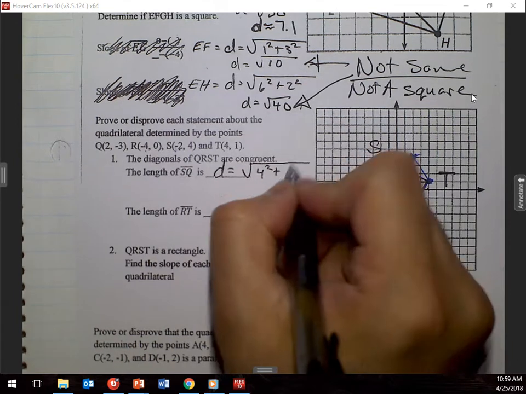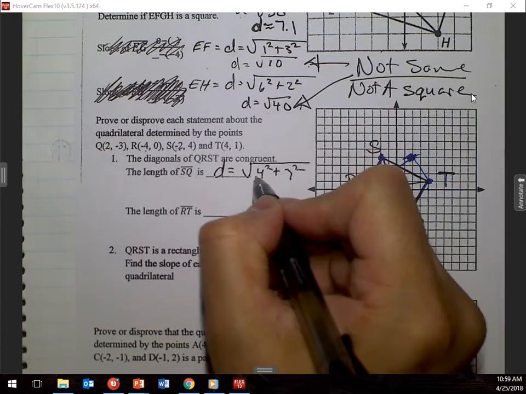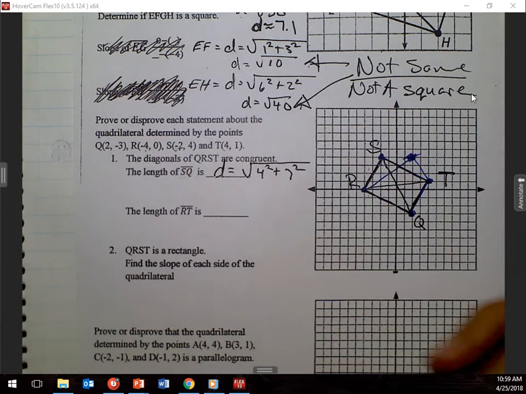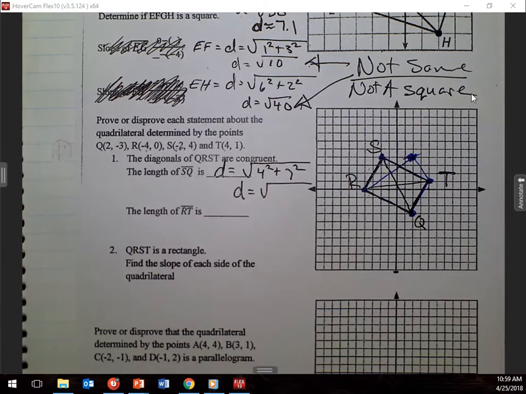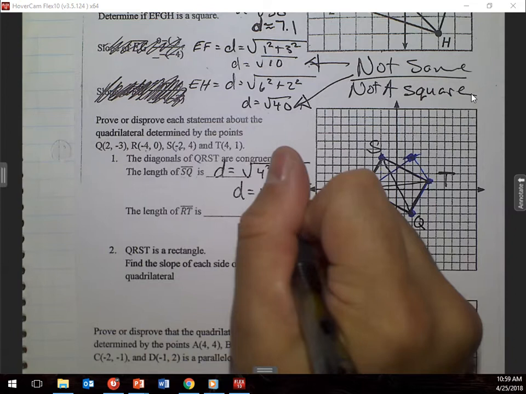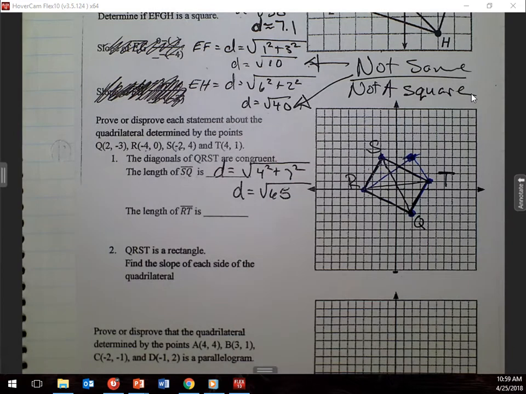So it's going to be 16 plus 49, 65. Okay, let's just leave it at that. We don't need to approximate it. We just need to see if they're the same.